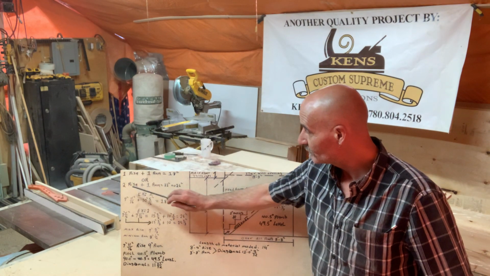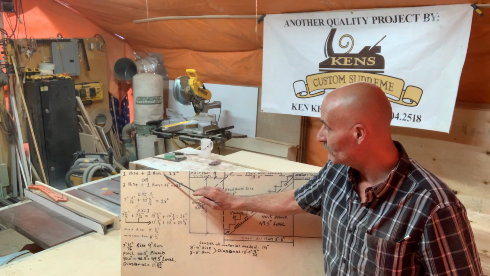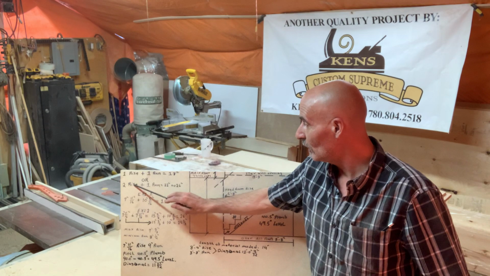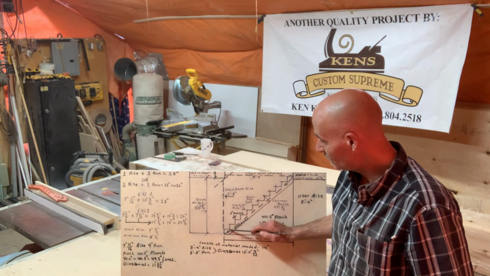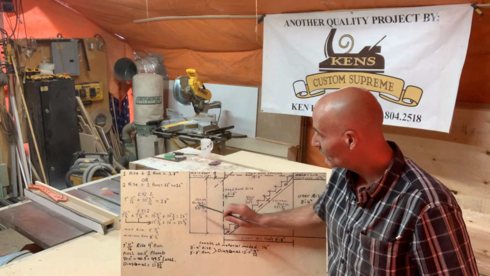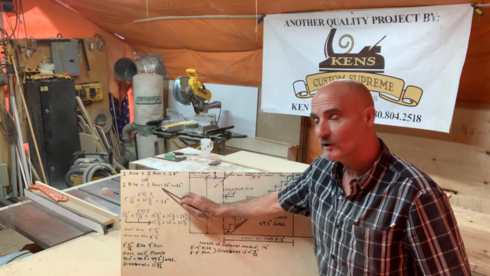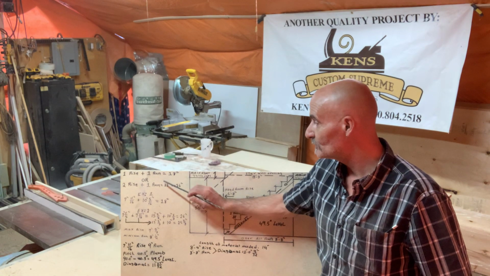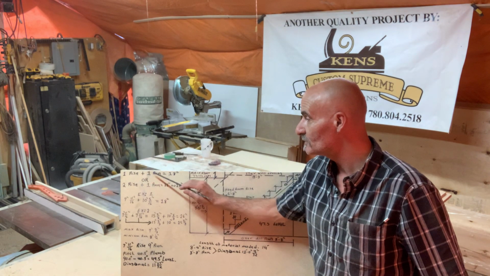Example right here: 1 rise plus 1 run equals 18 inches. Or you can have 2 rises plus 1 run, which can equal anywhere between 22 to 26 inches. So those are the two formulas you can use.